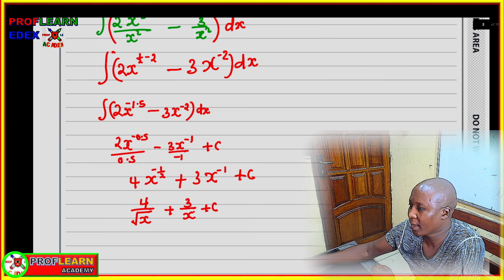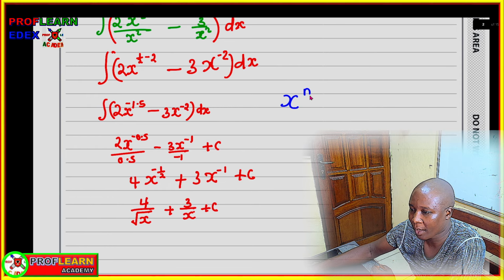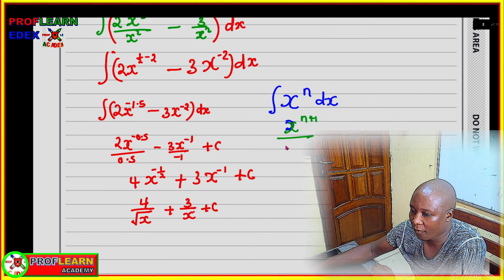So what you need to understand for integration: if you are having x raised to power n and you are integrating this with respect to x, it means you are going to increase the power by 1, so it will be x raised to power n plus 1 over the new power, n plus 1.